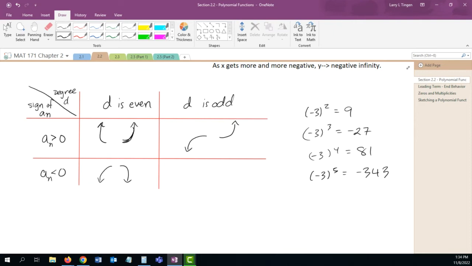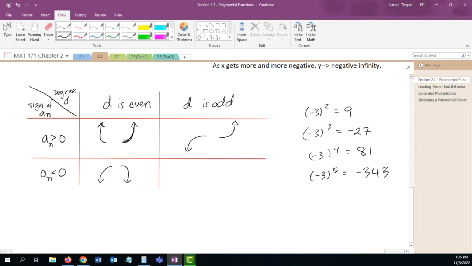When I raise it to an even power, I get a positive output. That's what controls this. If I have a positive number raised to an odd power, I'm going off to positive infinity. If I have a negative number raised to an odd power, it's going to remain negative after it's raised to that power. All right.